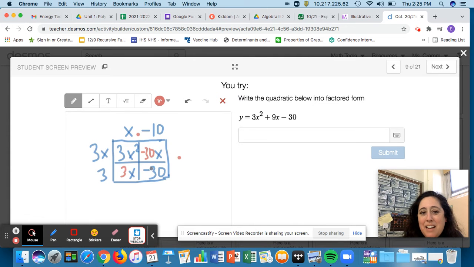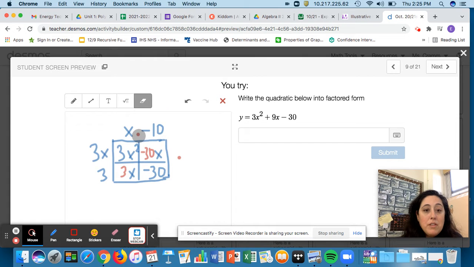If I were to add or subtract these two. So that doesn't give me a positive 9x, right? And the fact that it doesn't even give me a 9, if it gave me a negative 9, I'd know, oh, okay, I'm on the right track, right? But the fact that it doesn't give me any kind of 9, it gives me a negative 27, I know that I really need to be choosing different factors, all right?